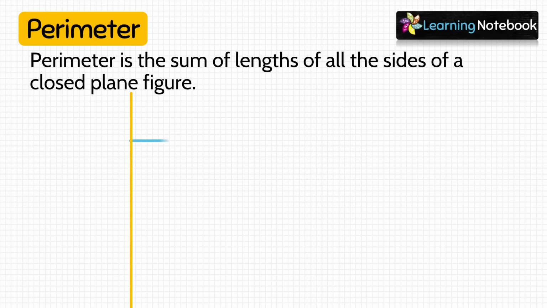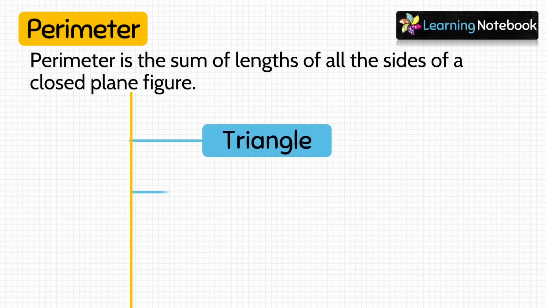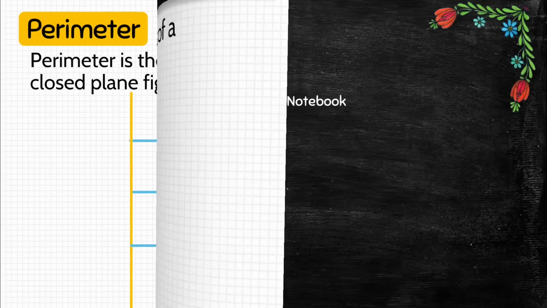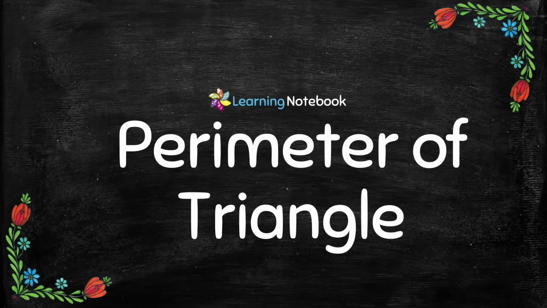So in this chapter, we are going to learn perimeter of a triangle, perimeter of a rectangle and perimeter of a square. First, let's understand perimeter of triangle.